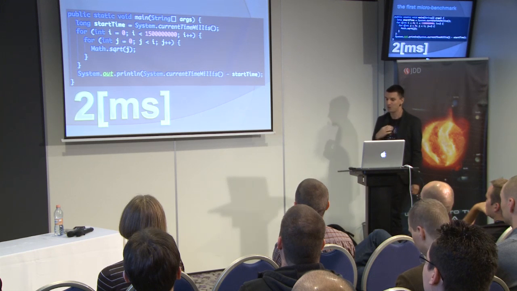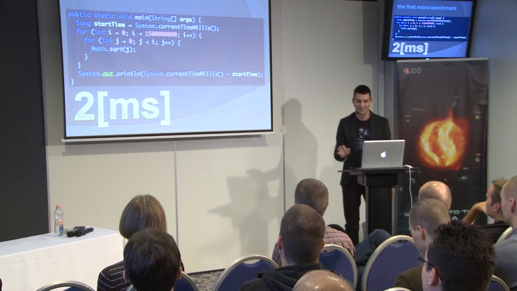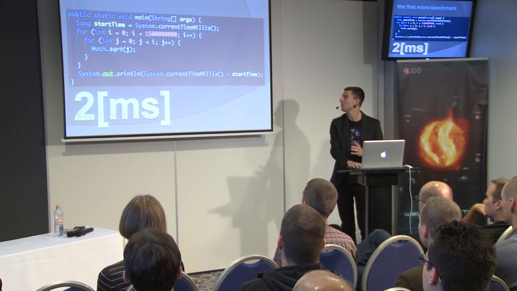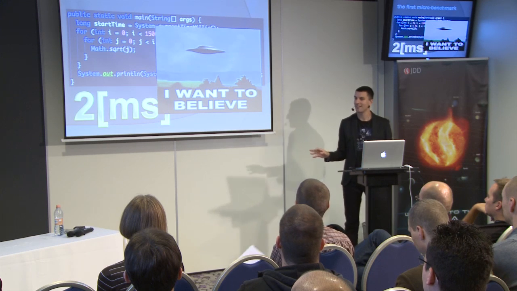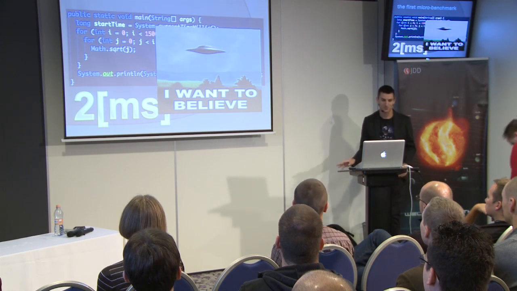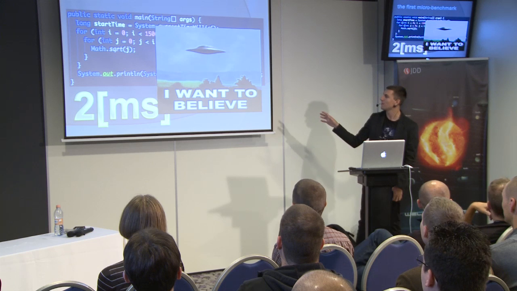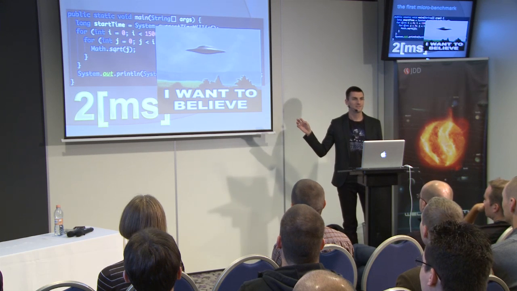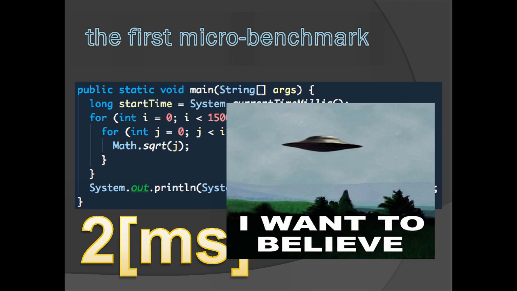Wow, it's pretty fast for me. And I think there could be only one explanation: technology borrowed from UFO. But how many of you believe in UFO? No one. Okay, so I will try to explain where these 2 milliseconds come from.